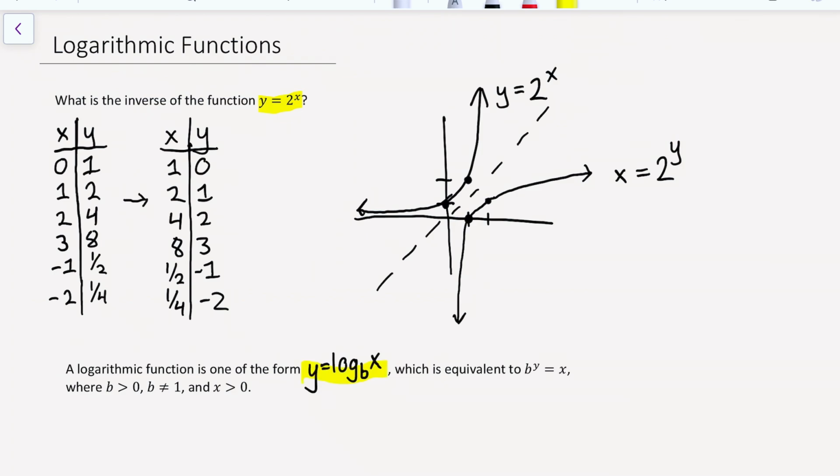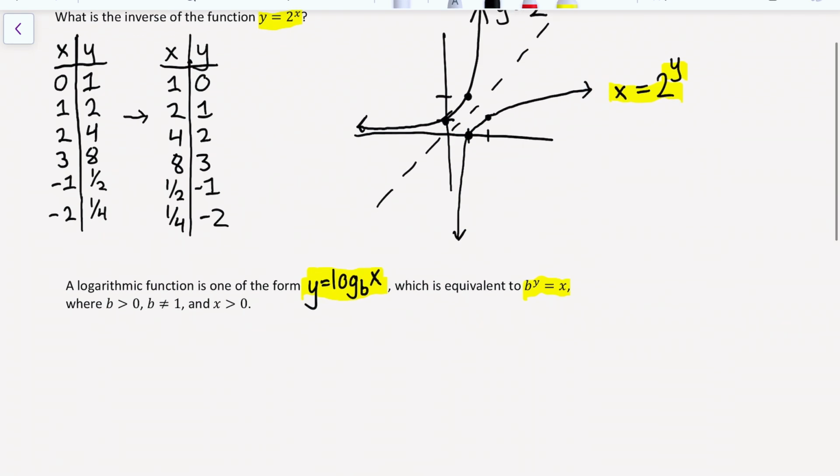It takes the form y equals log base b of x. That is equivalent to saying b to the power of y equals x, which is how I expressed the inverse of this exponential function. Y equals log base b of x is our standard form.